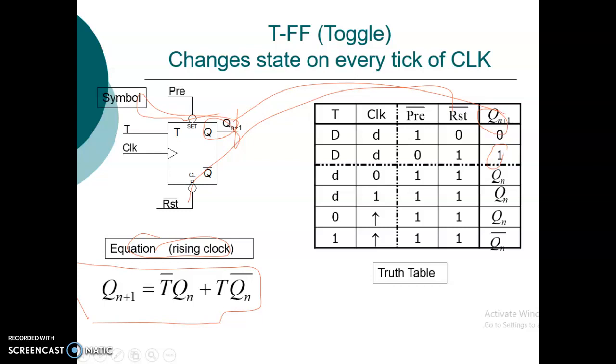So Qn plus 1 equal to, here only getting T 1, so T Qn here. So T bar Qn plus T Qn bar.